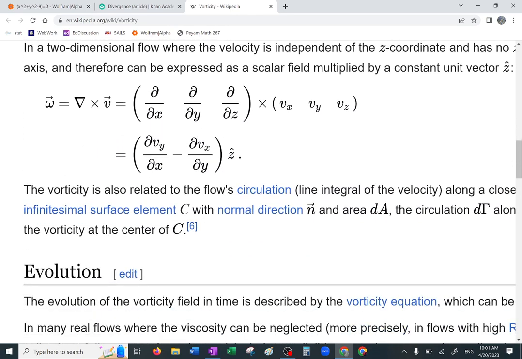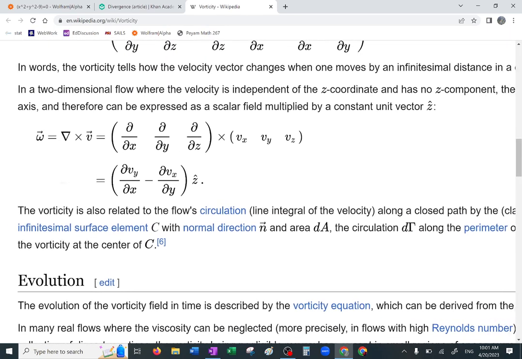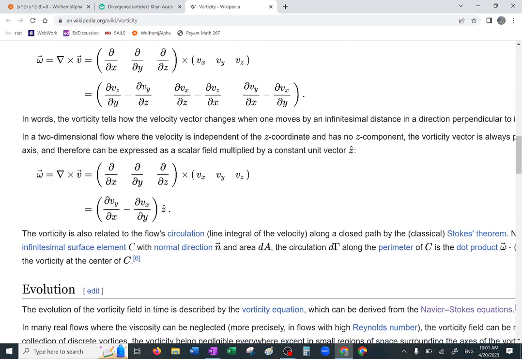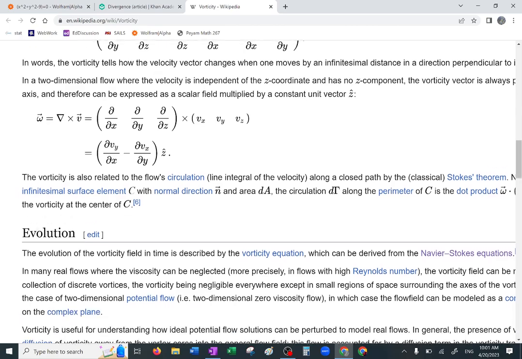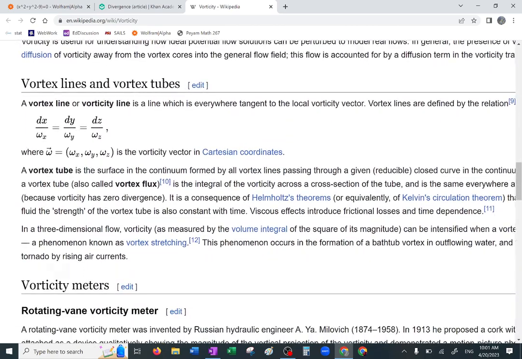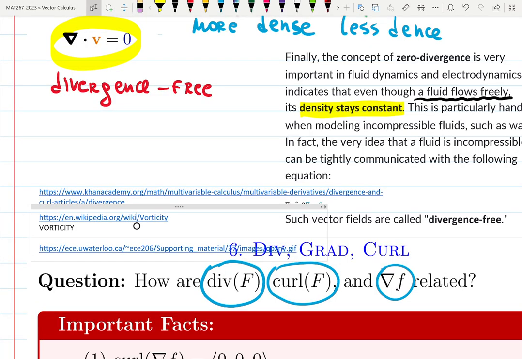It's a curl. The vorticity is also related to the flow's circulation. So imagine blood circulation. All of this is also using the same math. Stokes' theorem is used here, of course, which we don't learn in this class, but okay. And so on. Finally, I found this cool animation.